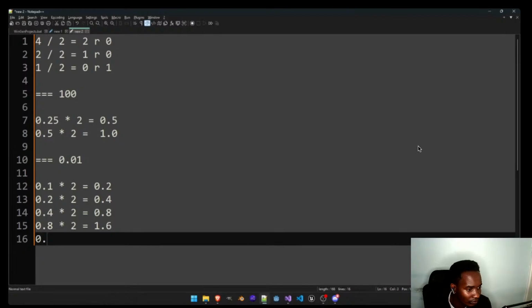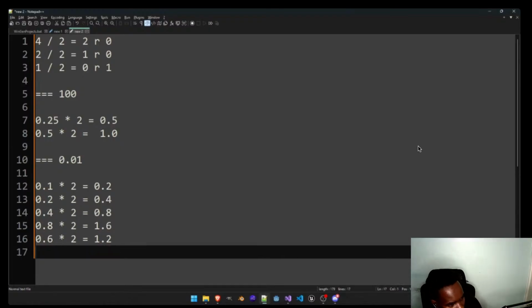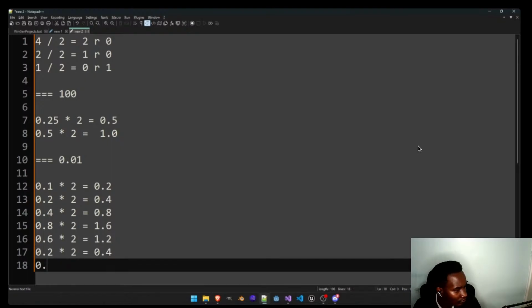So 0.6 times 2 equals 1.2. Now we go back to 0.2 times 2 is 0.4, 0.4 times 2 equals 0.8.